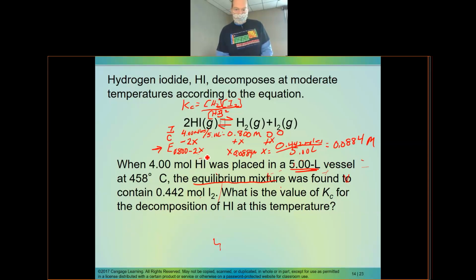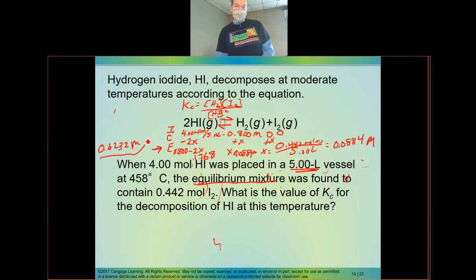So my HI at equilibrium is 0.6232 molar.